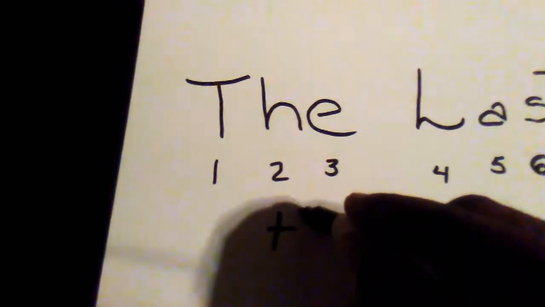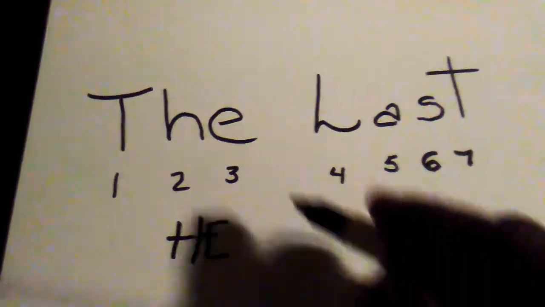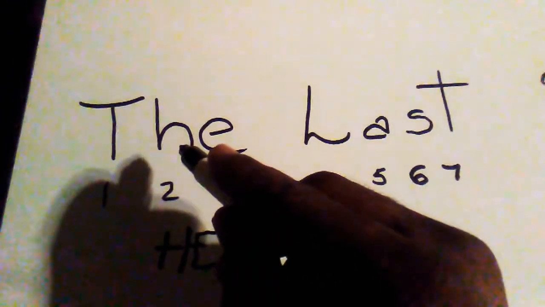You see, the H in the Last Supper is saying he. Okay? The H in the Last Supper is saying he. And from 1, 2, 3, 4, there are 2 13s.